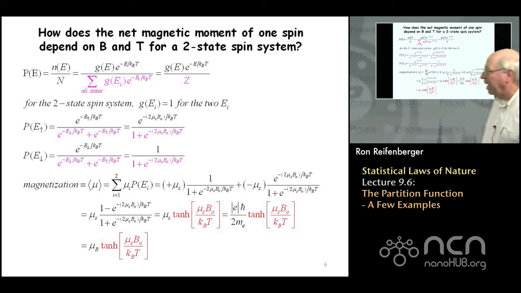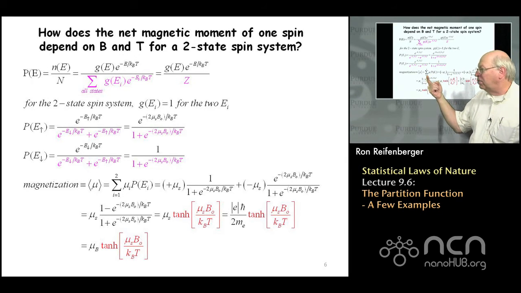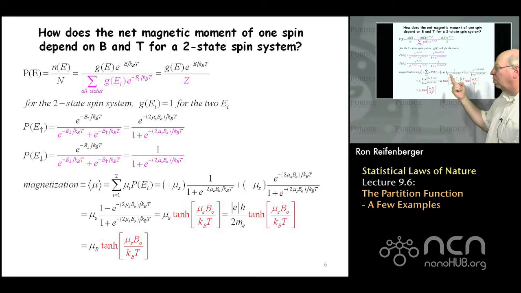The net magnetization of the system is then going to be the magnetization for each state, mu sub i, times the probability that that state, P sub i, is occupied. And we just worked that out in this line, and we can make an algebraic substitution here, and we can rewrite the exponential terms in terms of a hyperbolic tangent.